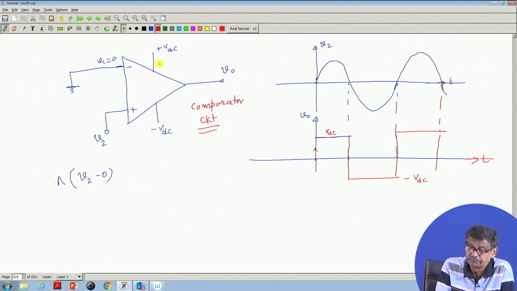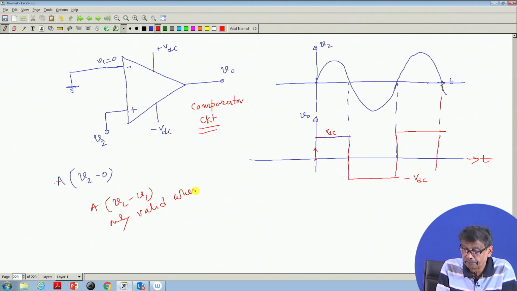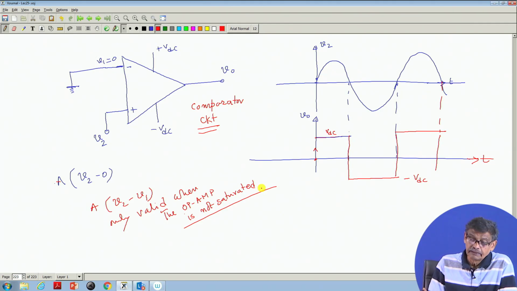That relationship, V0 equals A into (V2 minus V1), is only valid when the op amp is not saturated. Clear? So, this is the thing.